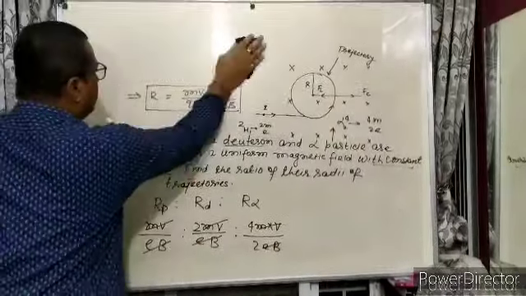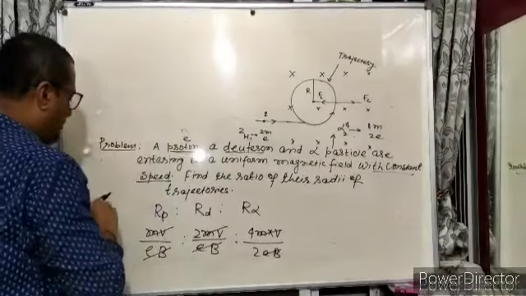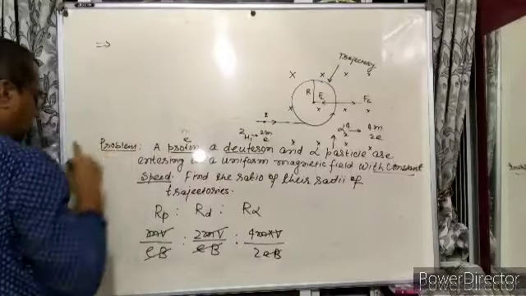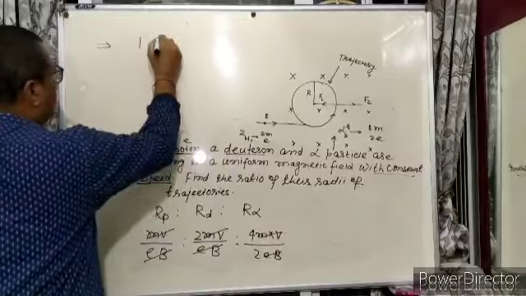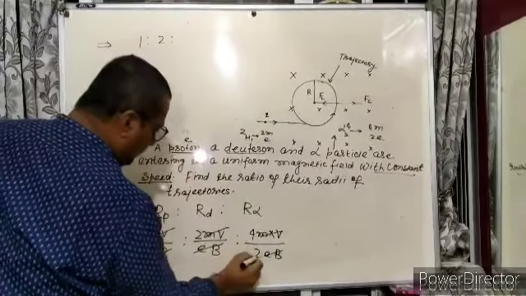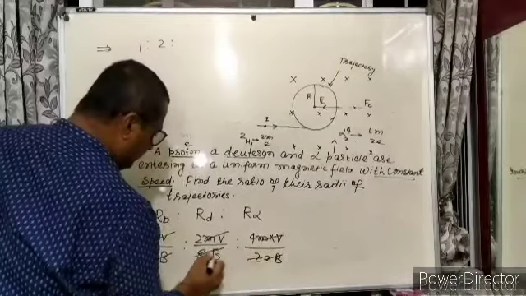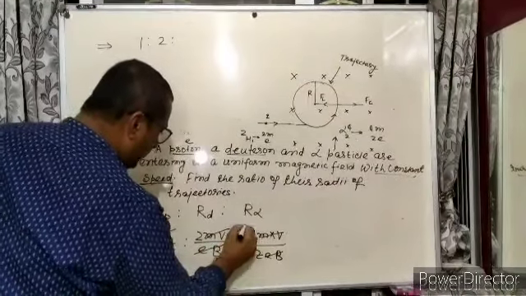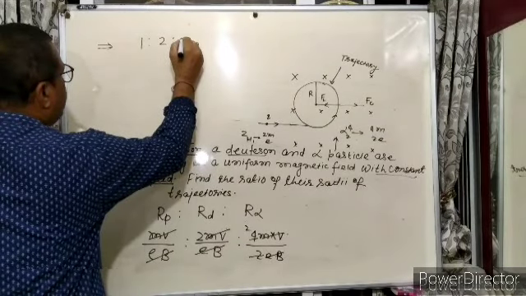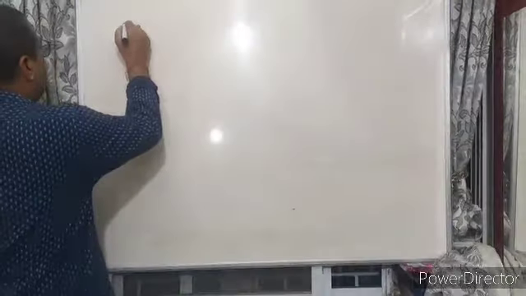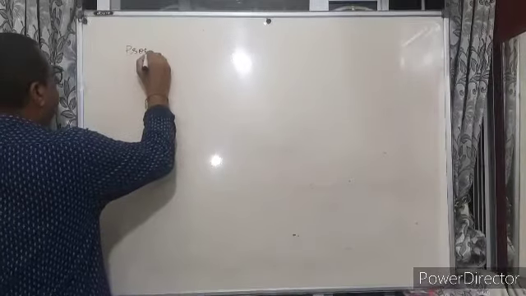Now we have got 1 is to 2 and 2 is to 4. This is the ratio, 1 is to 2 is to 2.